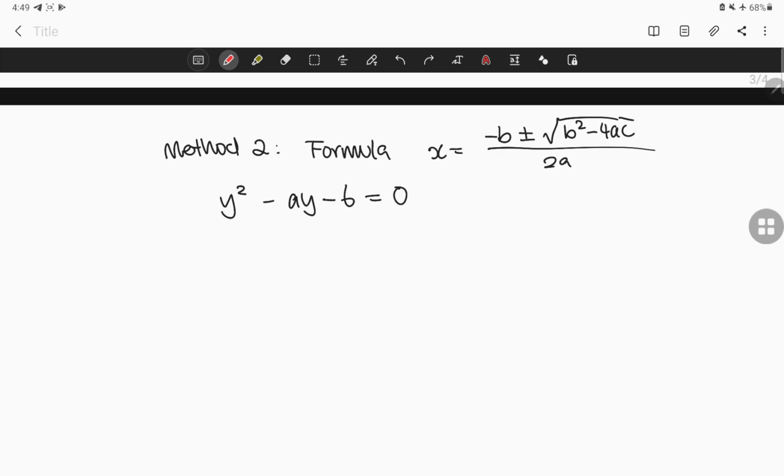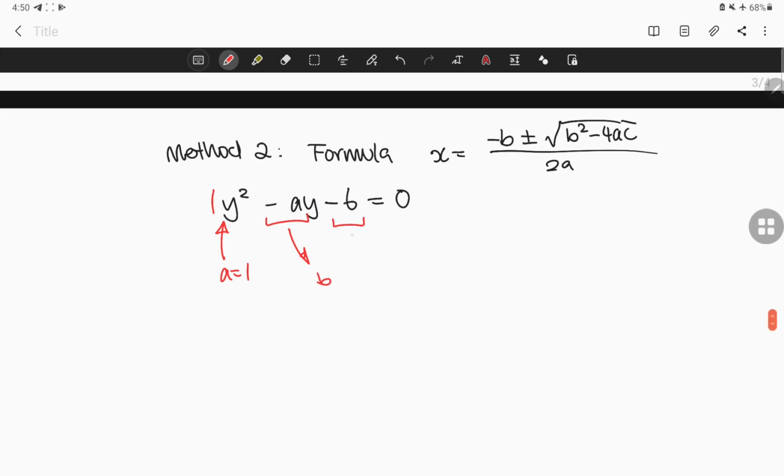Instead, the a in this expression is actually the coefficient of y squared, which is 1. So a in this case would be 1. This is actually b. And negative 6 is c.